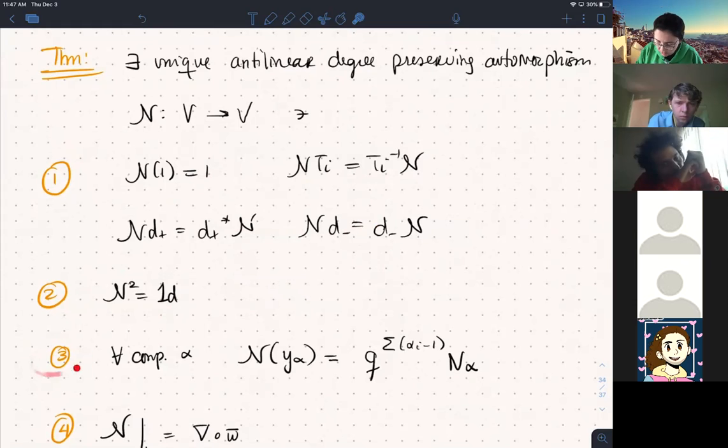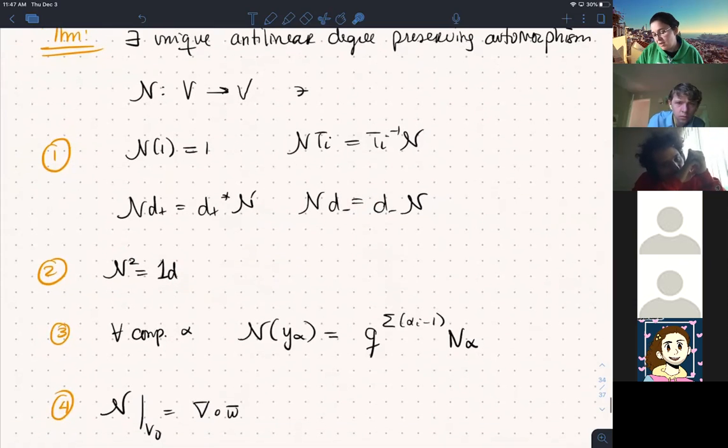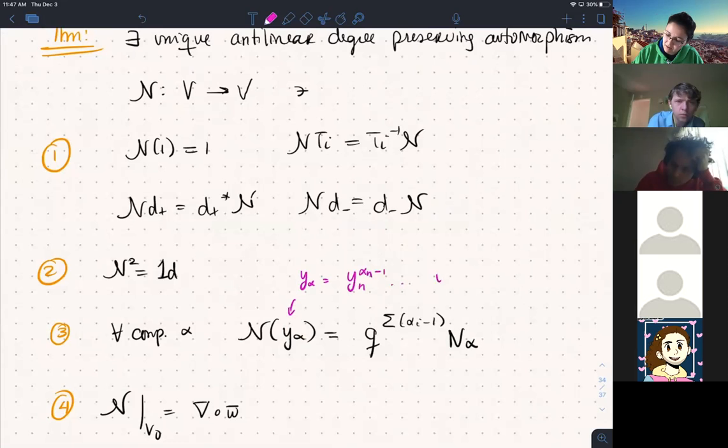And step 3, very important condition, is the fact that if you take this involution and you act on these Y alphas, these monomials that we had defined as Y n alpha n minus 1, Y1 alpha 1 minus 1. And the point of that proposition was that this Y alpha actually satisfied a bunch of recursions.